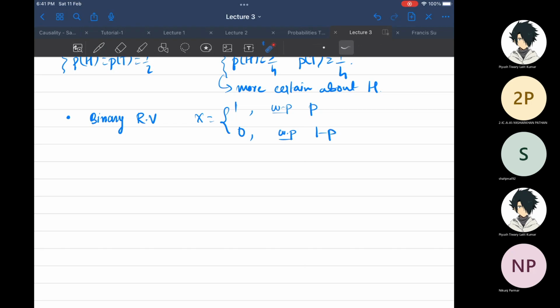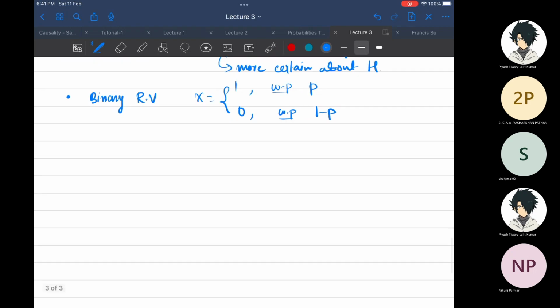If I give you that the probability of 1 is p, then you can automatically come up with 1 minus p, because the sum of probabilities should be 1. So this is a binary random variable.